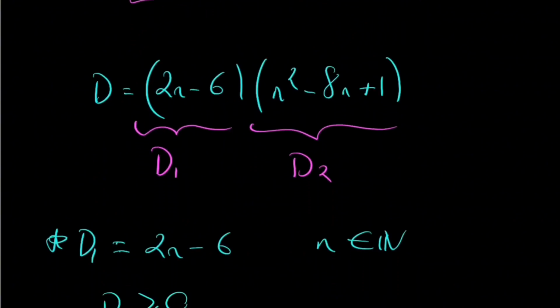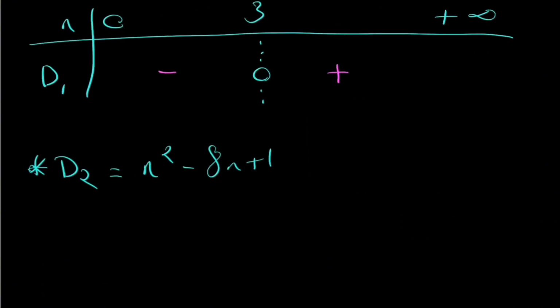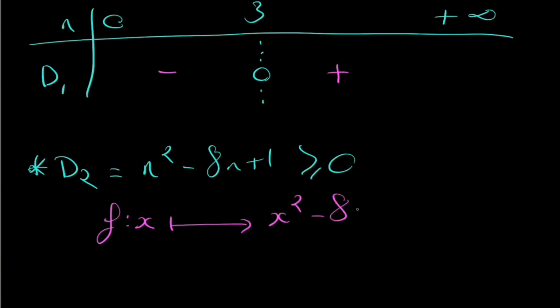We will try to solve this inequality, greater or equal to 0, by studying the behavior of the associated polynomial function, which is f that given x gives x squared minus 8x plus 1. So d2 is equal to f of n.